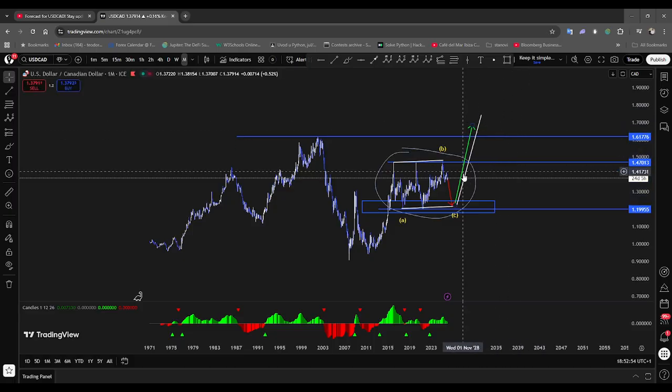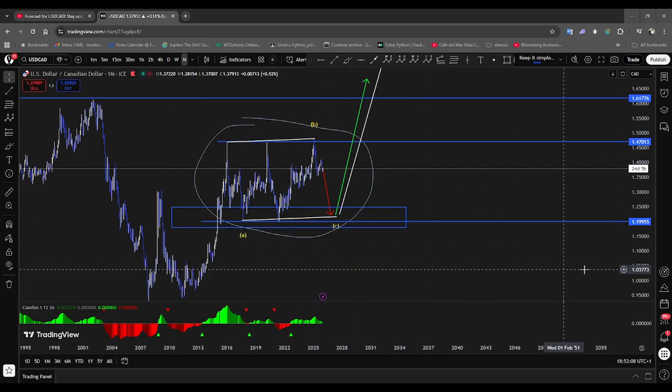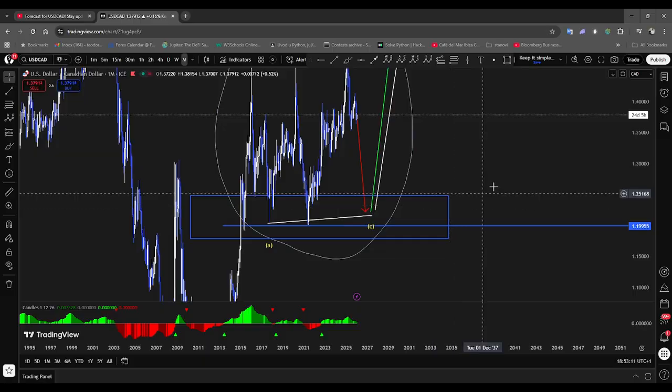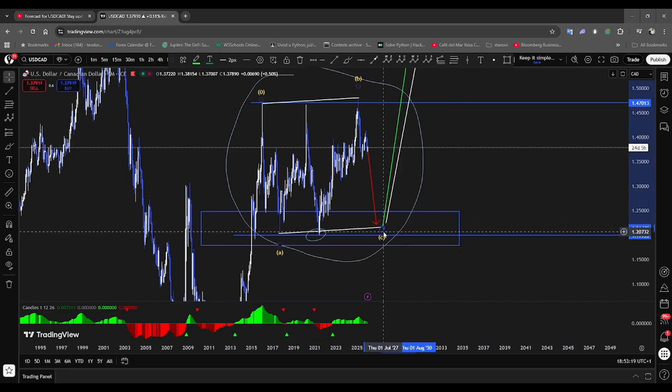So basically, as I said earlier, this is a very complex correction on the higher time frames. On the monthly time frame, this is a potential running flat, or if we break this level, then it will give us an expanded flat.